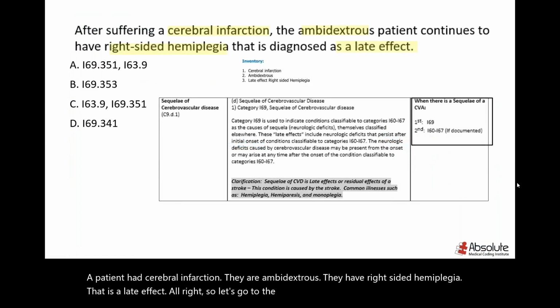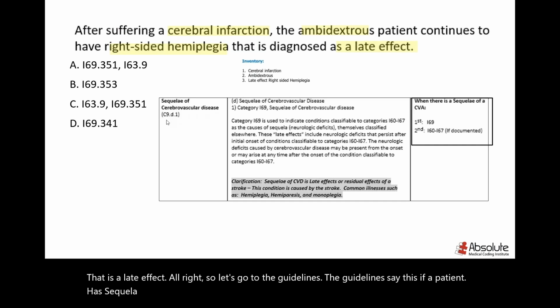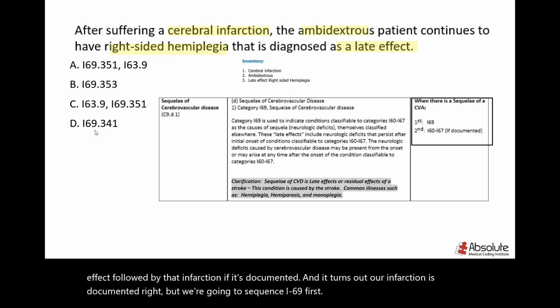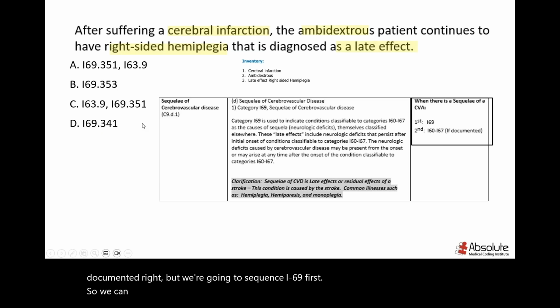The guidelines say this: if a patient has sequela of a cerebral vascular disease, you're going to sequence first that late effect, followed by that infarction if it's documented. And it turns out our infarction is documented, right? But we're going to sequence I69 first. So we can eliminate C. It's sequencing I63.9.